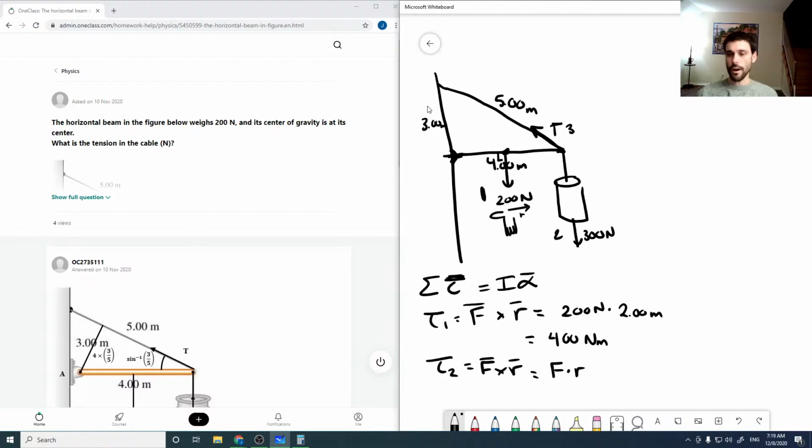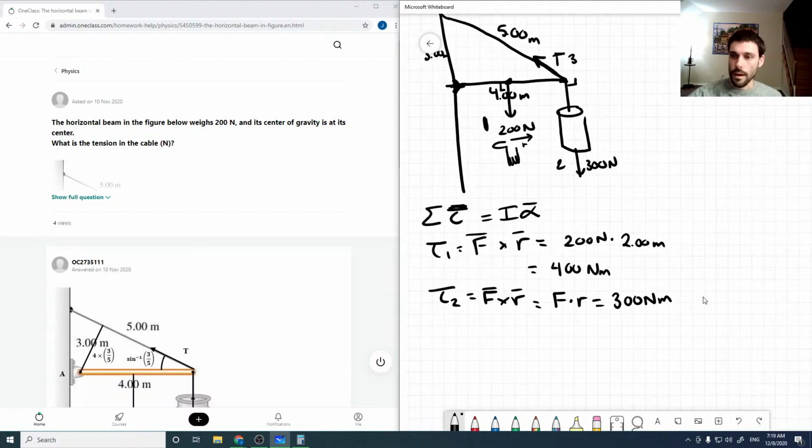So it's just FR, and because it's perpendicular, the sine of theta is 1. And so this is 300 Newton meters. And again, it's positive as it's coming out of the page.